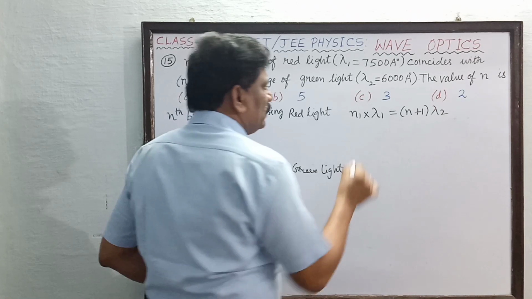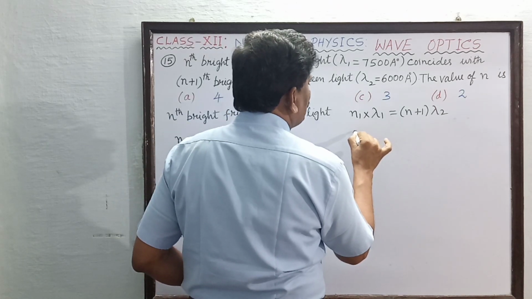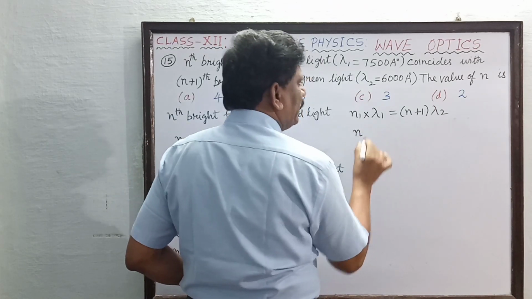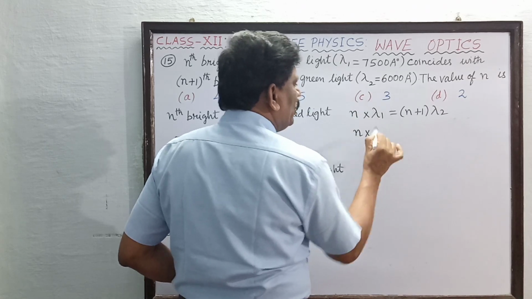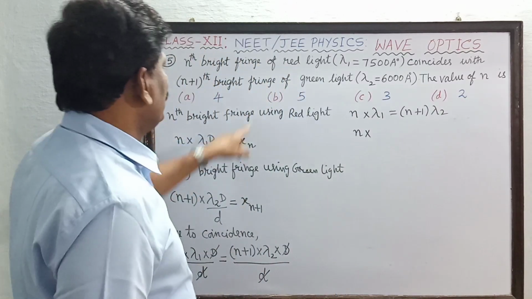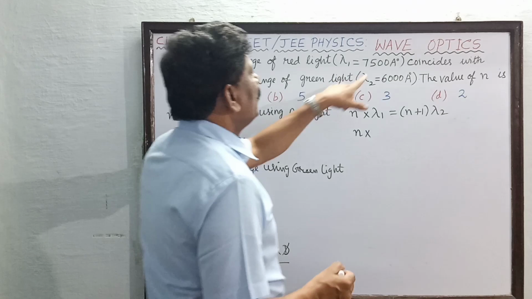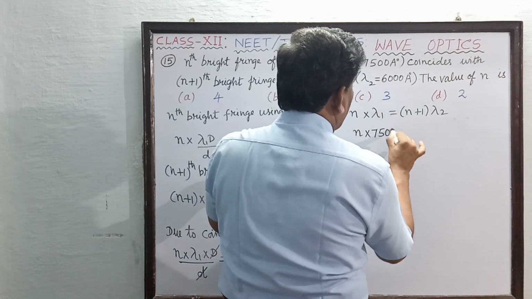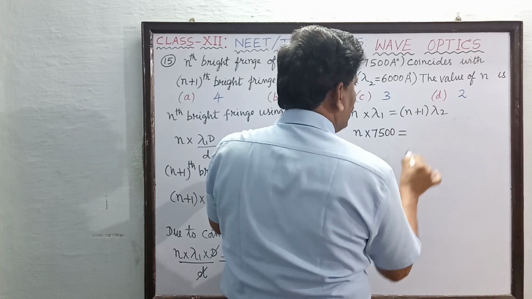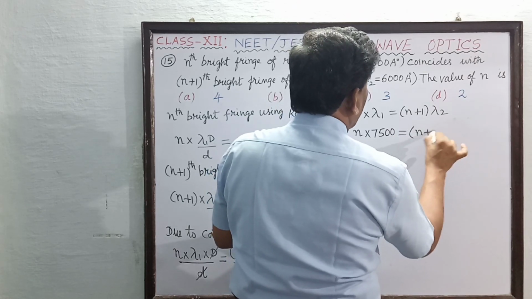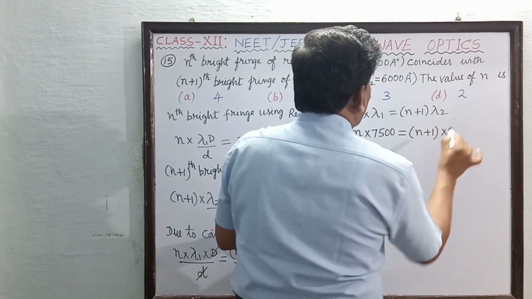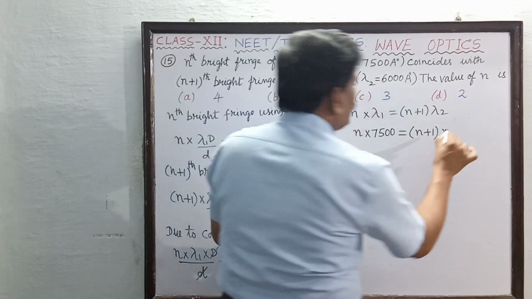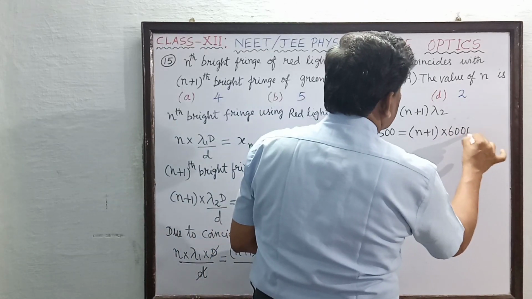Now we substitute. This is n into lambda 1, which is 7500 angstrom. So 7500 n is equal to n plus 1 into lambda 2, which is 6000.